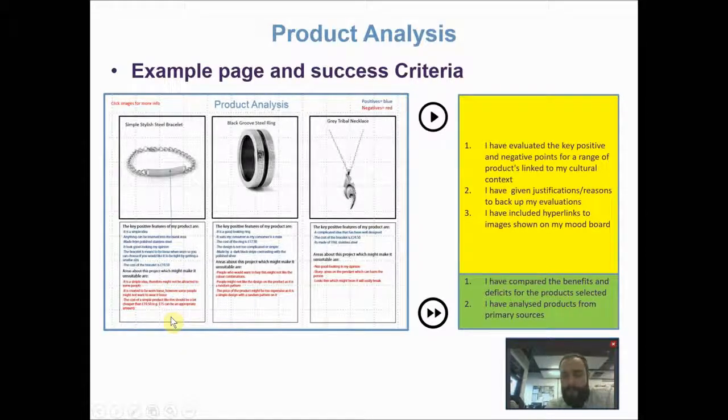So we can combine our own reviews with the reviews of others on the internet, or even consumer reviews or our friends, to get points from there. But we should always reference, if we're going to use hyperlinks either to the images or to other people's reviews of the product, such as you can quite easily get the specifications of products from Amazon as well, which will give you sizes and prices and all this sort of stuff. Okay, so that in a nutshell is why we analyze products, and also some tips as to how you analyze.